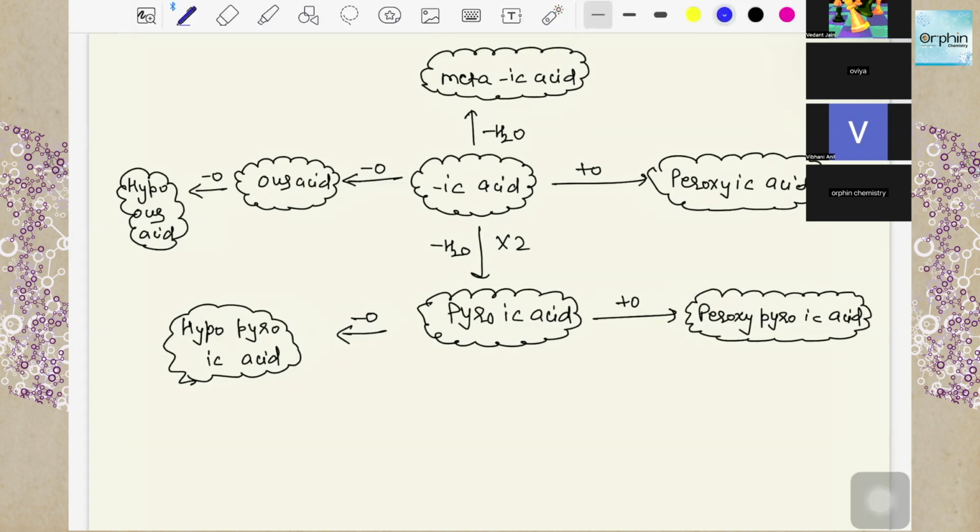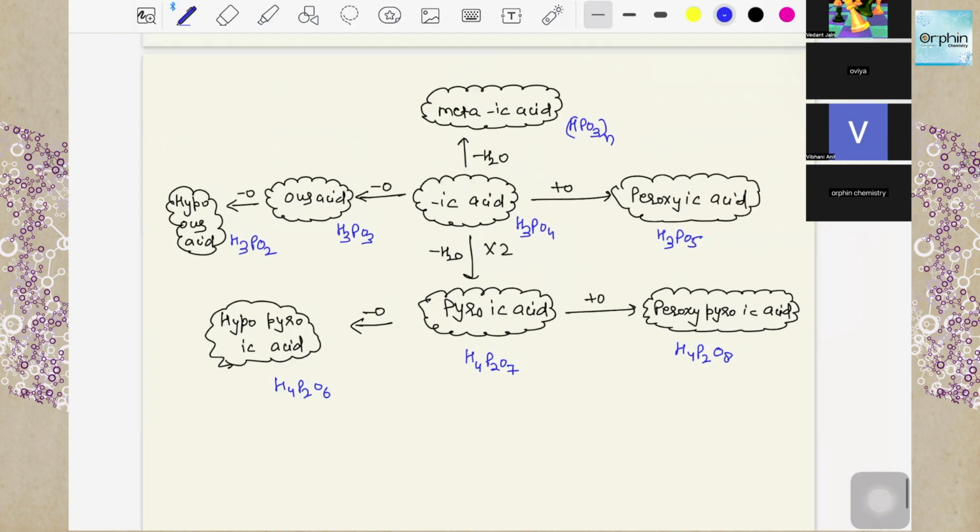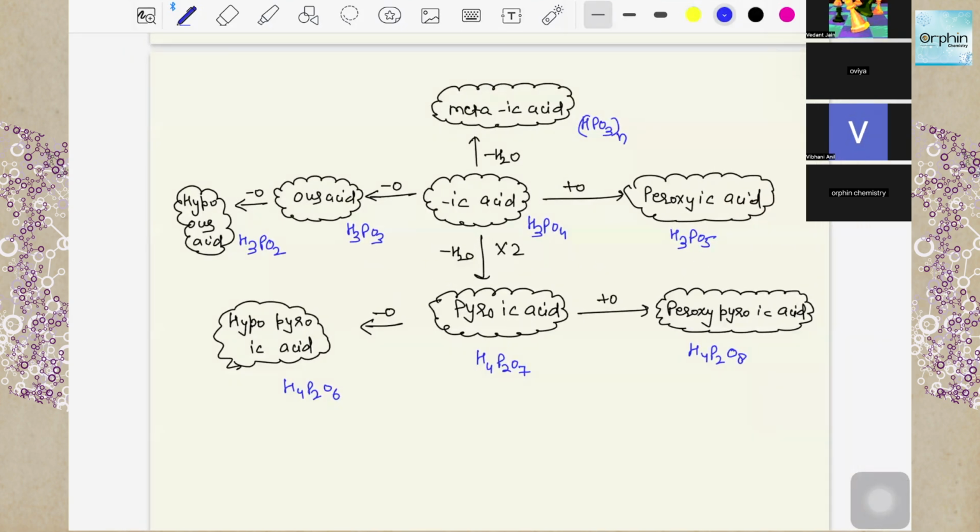For example, H3PO4, H3PO3, phosphorous, hypophosphorous, metaphosphoric, peroxyphosphoric acid, H4P2O7, pyrophosphoric acid, H4P2O8, peroxypyrophosphoric acid, H4P2O6. This is hypopyrophosphoric acid, right? This is all the chart for the naming.